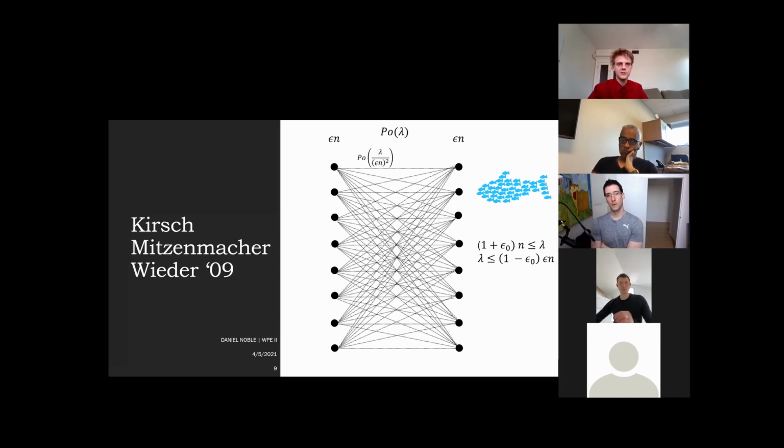Now, what's the only difference? The only difference is that some extra edges, perhaps lambda minus n additional edges, have been added.